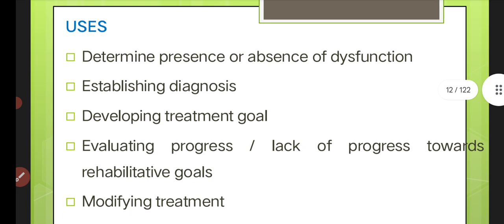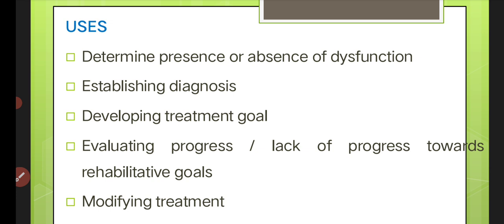It determines the presence or absence of dysfunction. Number one. Number two is establishing diagnosis. It helps in establishing diagnosis. Number three is developing the treatment goal of the patient.